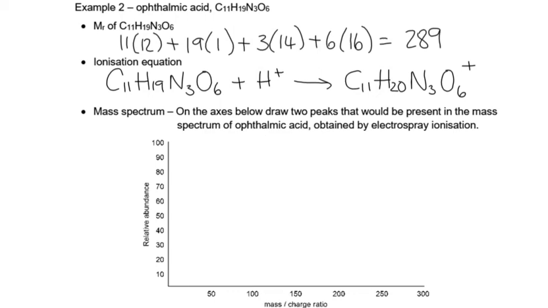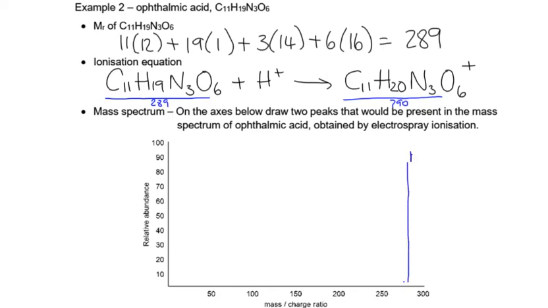So now we need to draw this on the spectrum. Now given that this bit weighs 289, but this bit will weigh 290, we need to draw a peak at 290 for our molecular ion plus 1, our MH plus. So 56, so about here, and that will be a nice big one.